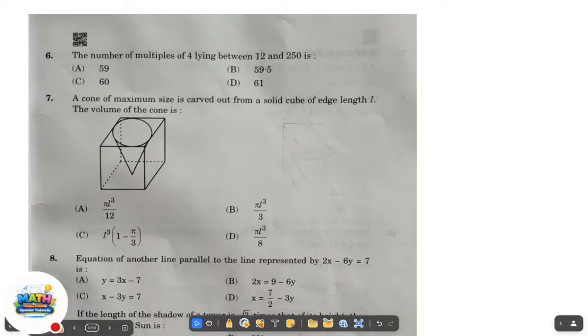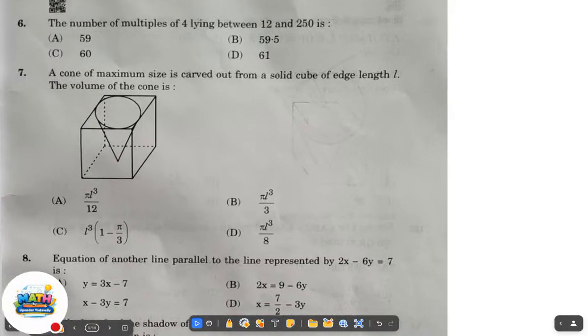Next, the seventh question. A cone of maximum size is carved out from a solid cube of edge length L. What is the volume of the cone?